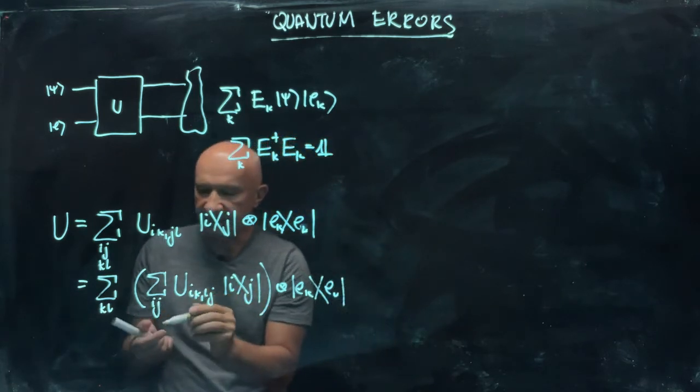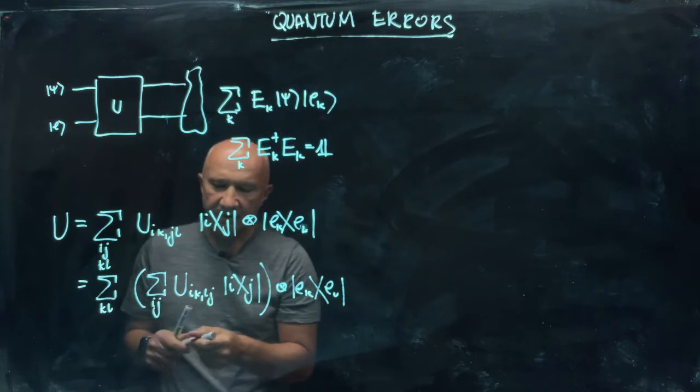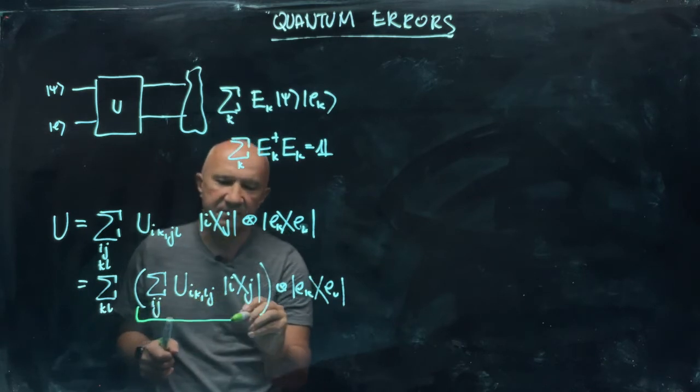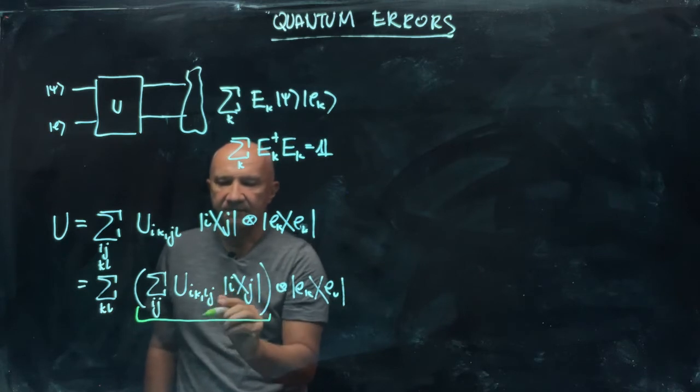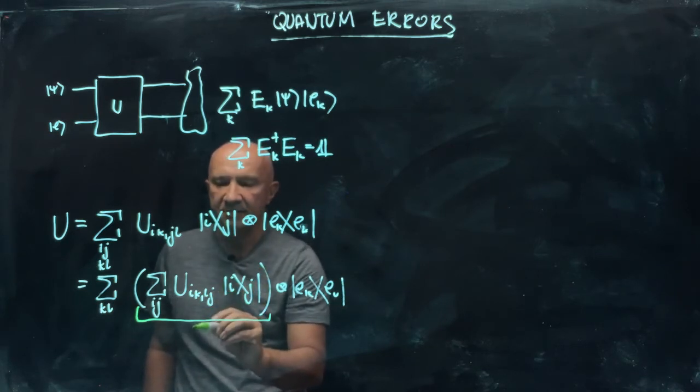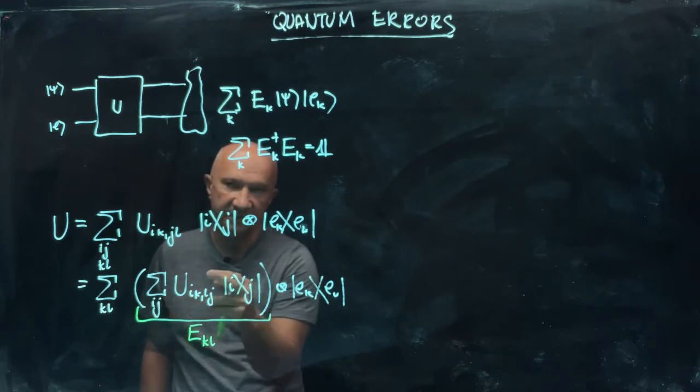If you look at this expression, you can see that this is some sort of operator that can be indexed by k and l, because we sum over i and j.